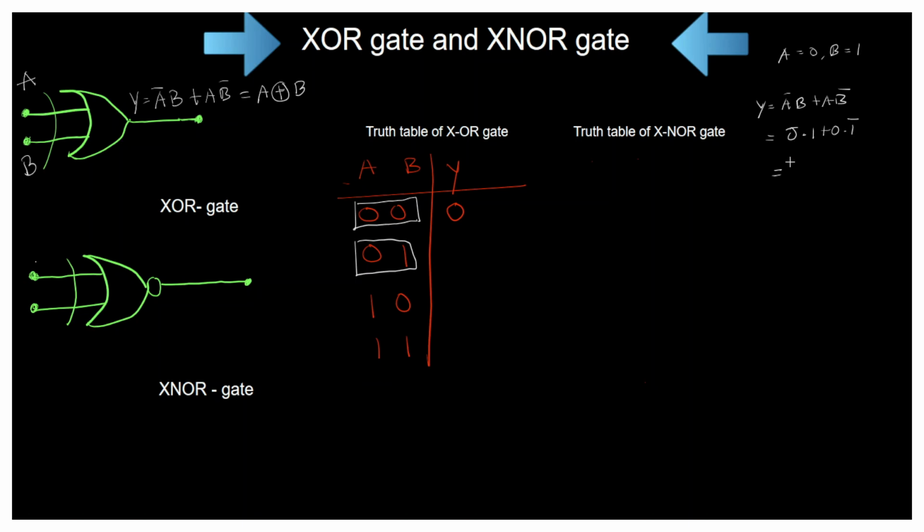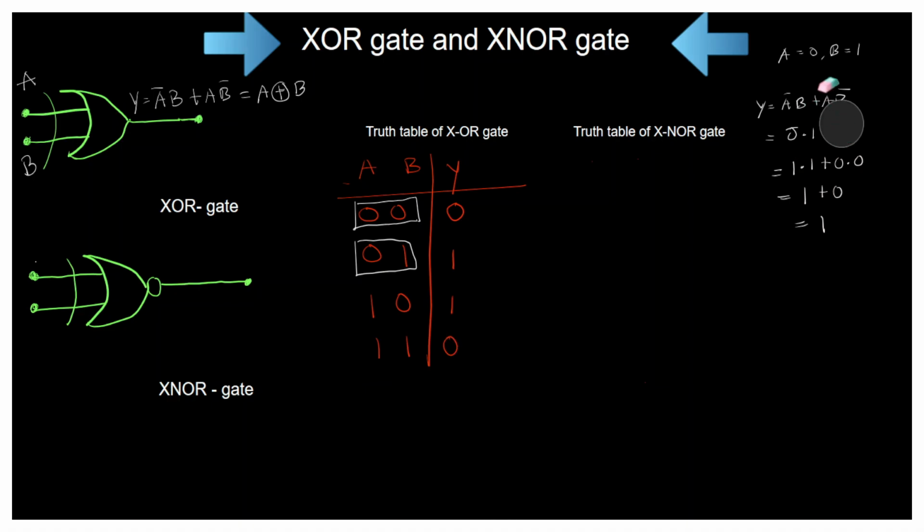The complement of 0 is 1, so 1 dot 1 plus 0 dot 0. So you will get 1 plus 0, which is 1. So for this combination 0 1, you will get 1 here. Similarly, for the next two combinations, you will get 1 and 0 respectively.